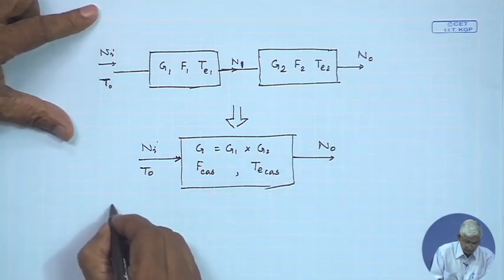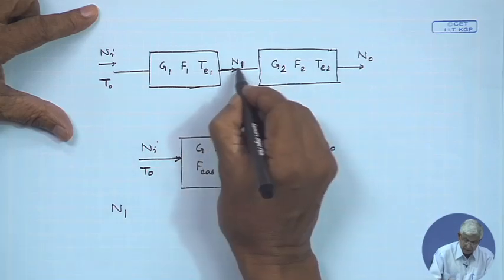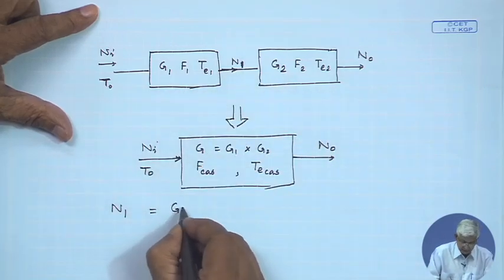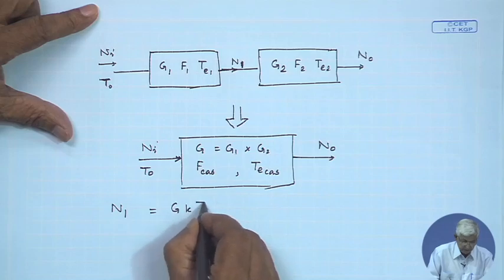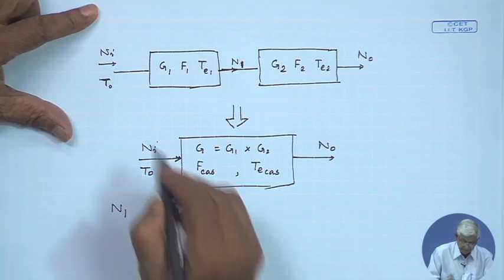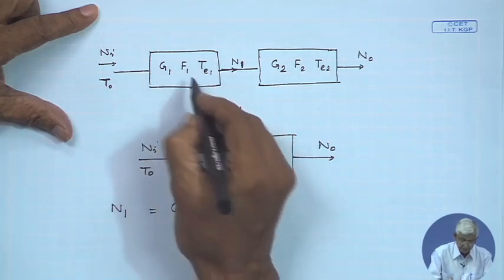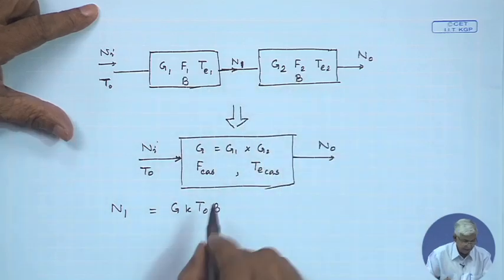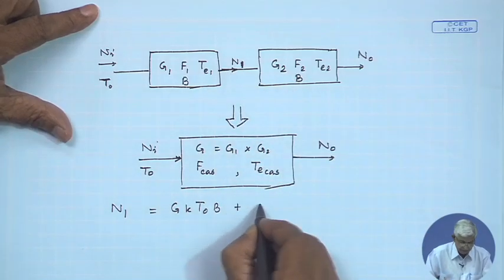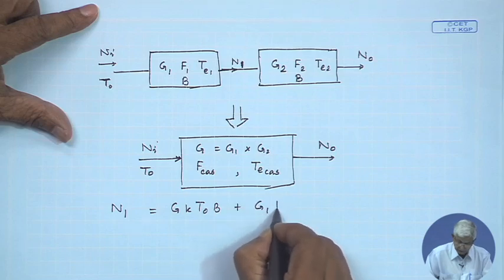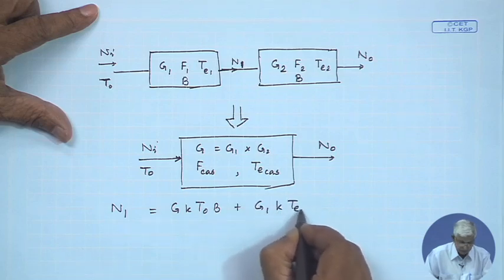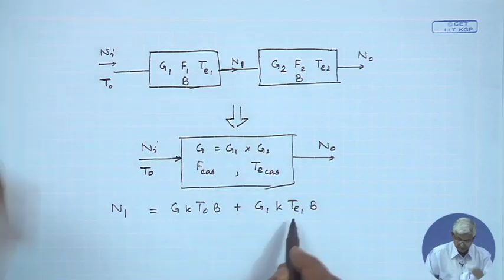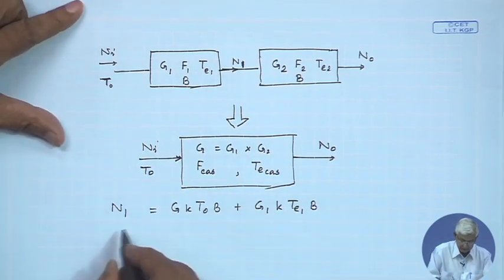So, we can write N1, which is the intermediate stage from the first stage, as G1 into K into T0 B, and of course both of them have the same bandwidth B, plus G1 into K into TE1 B, its own effective noise temperature added.